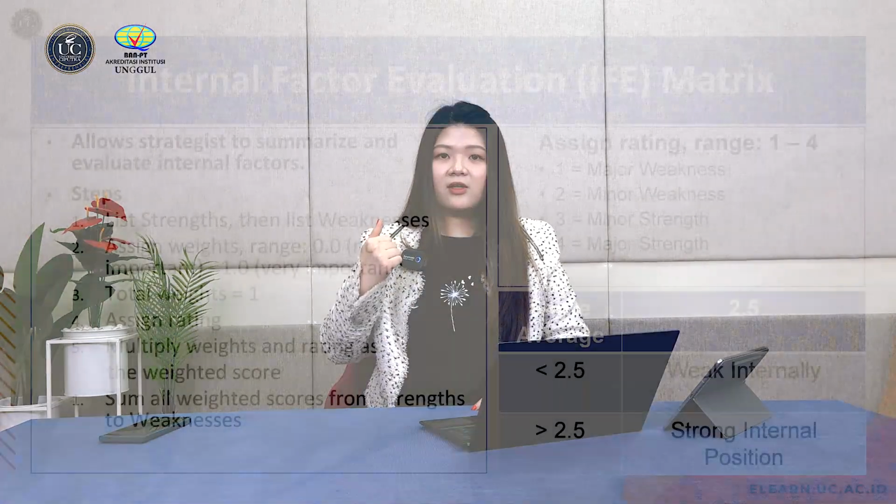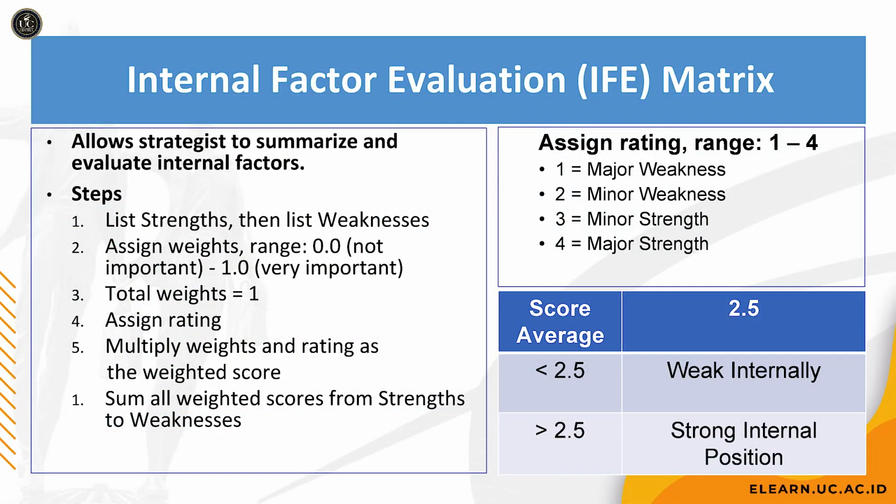So the first step would be to list all of your strengths and weaknesses, and then assign weights to each strength and weakness. All of the weights, when summed up, should be equal to 1, or 100%. The weights assigned are based on your judgment of which is the most important.